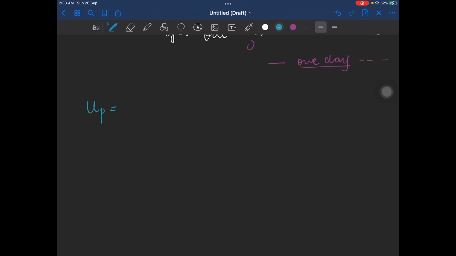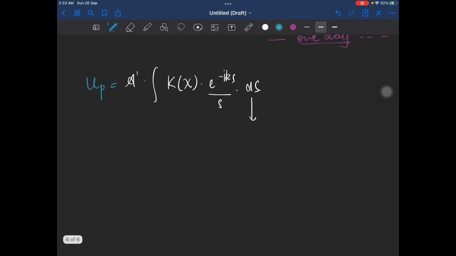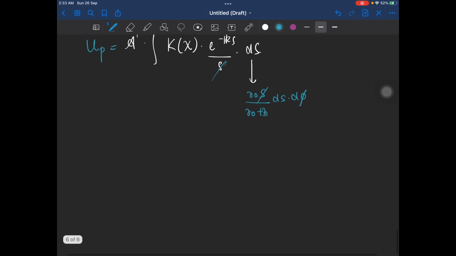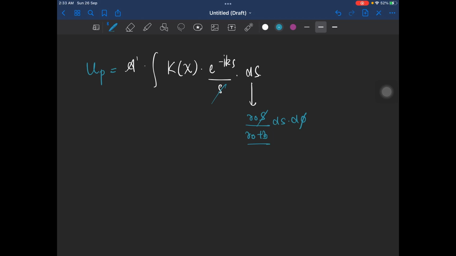U of P was of course the amplitude factor times the integral of K chi e^(-iKS) by S dS. dS can be written as r squared sin theta d theta d phi, which was written as r naught S by (r naught plus b) times dS times d phi. Now these S cancel out, r naught goes out, it's fine.